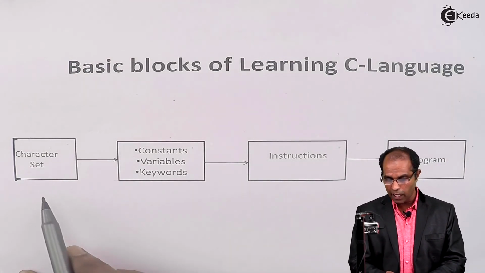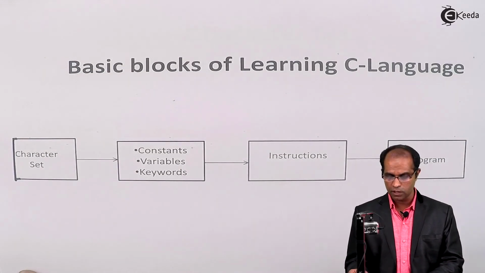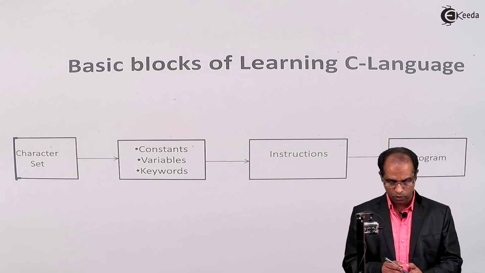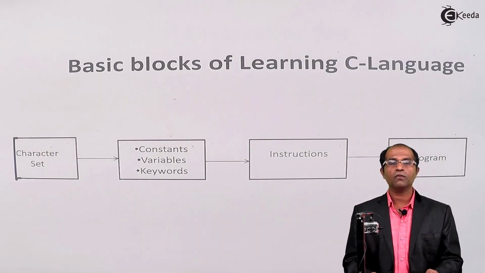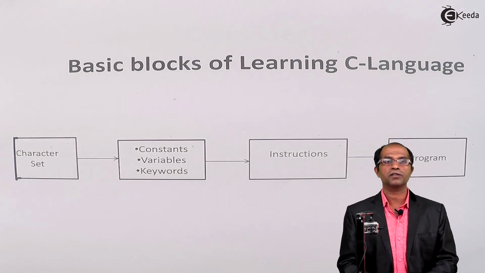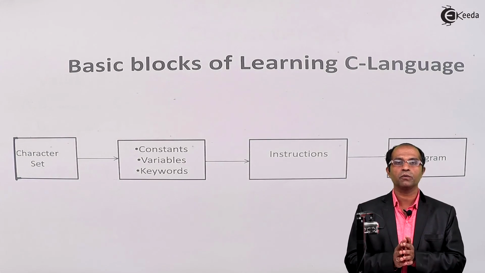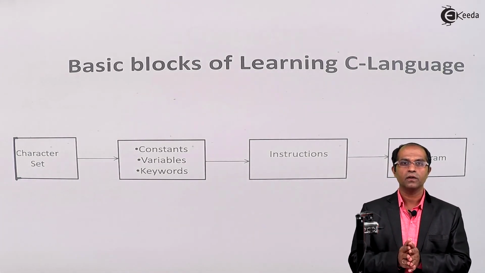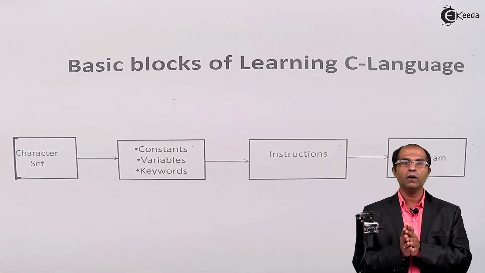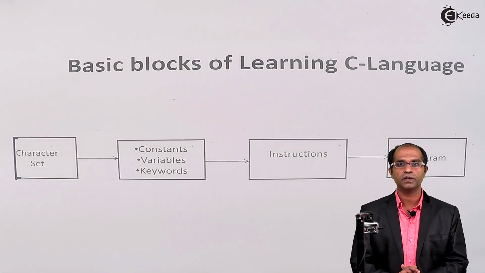So, our aim of learning this language is to write something called a program. These are the various building blocks. Let me revise it one more time. The basic block of the C language learning process begins with the character set of this entire language. What are the various characters which I am going to use? How do I merge these characters to form constants, variables, and keywords?